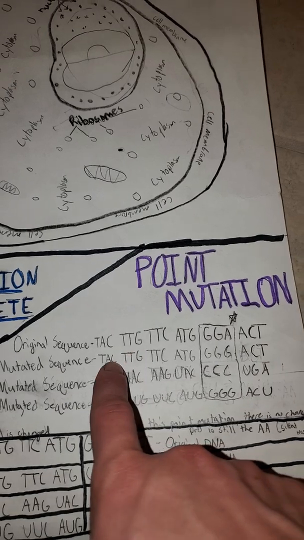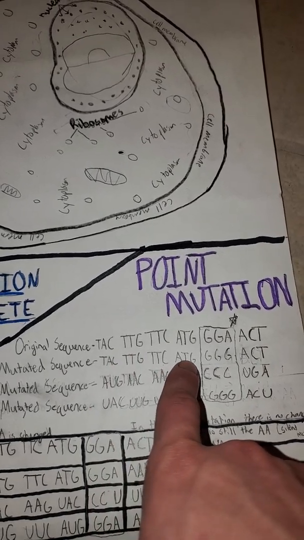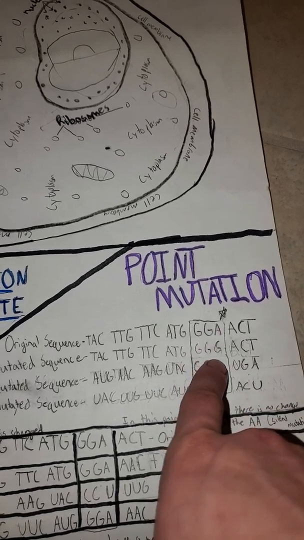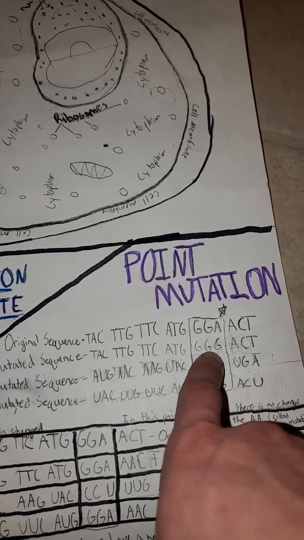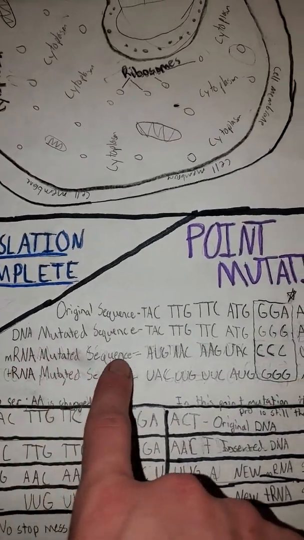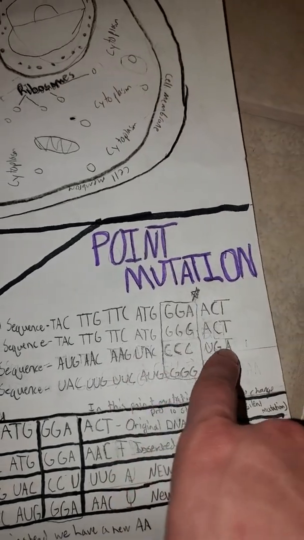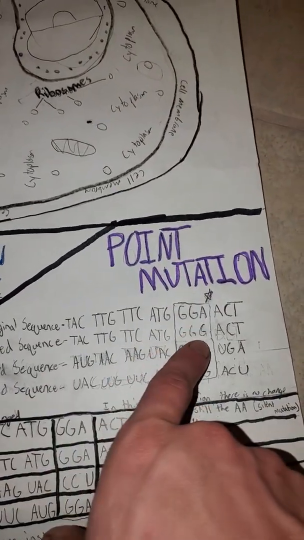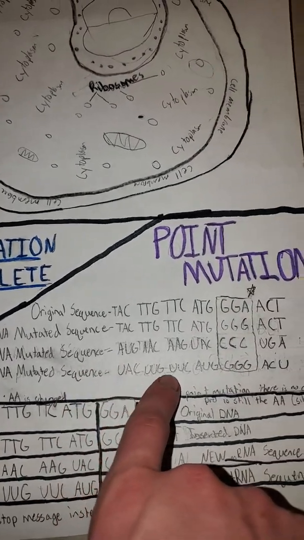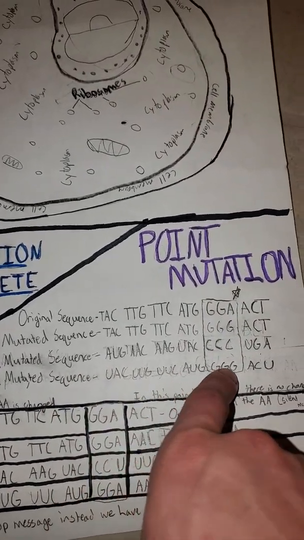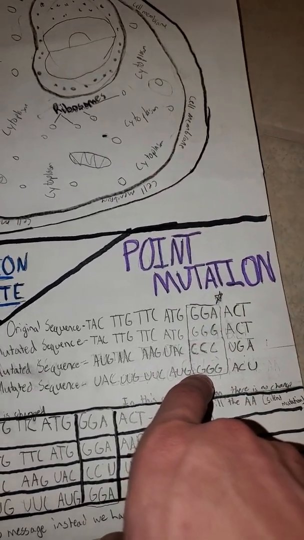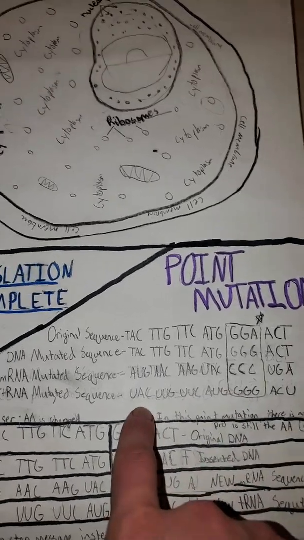In the mutated sequence, we have 4 normal amino acids, it's the same thing, but then this A changes into a G. Now, this might not seem like much, and then you program for that mutated DNA sequence, and you see now it's CCC. Then it goes through again, and we get GGG as our new tRNA.